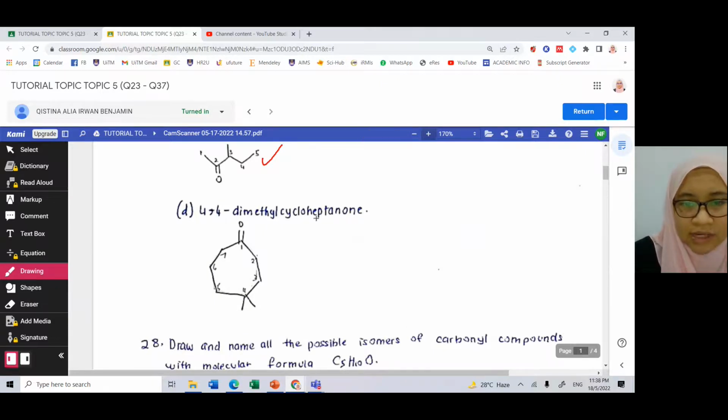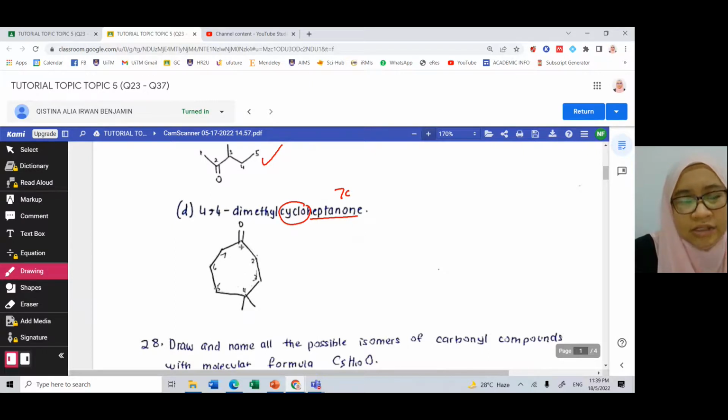The last one, 4,4-dimethyl cycloheptanone. Heptanone means we have 7 carbons, and it should be cyclic, because the prefix used is cyclo. So 1, 2, 3, 4, 5, 6, 7. There should be 7 carbons in the ring, and it is a ketone. You can assign the carbonyl group to any of the carbons in the ring.